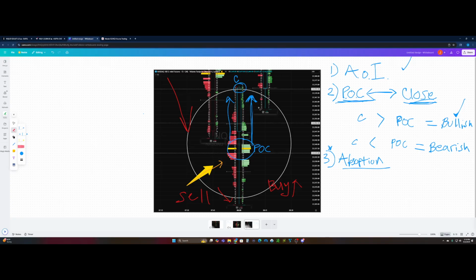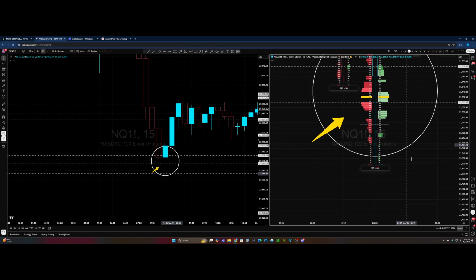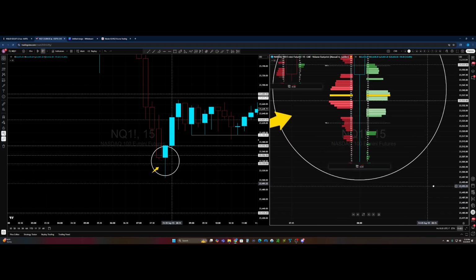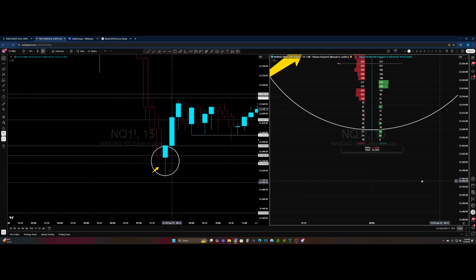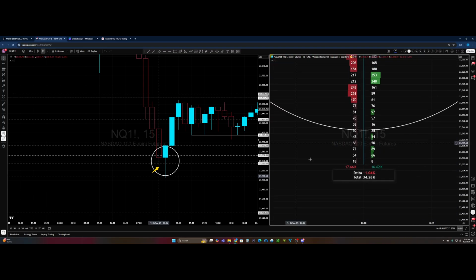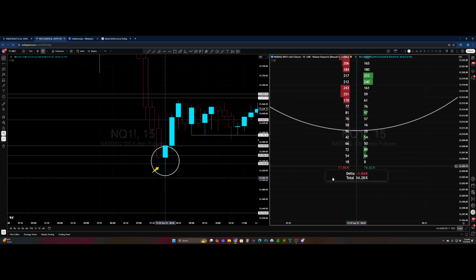As of right now, we know what happened. It's easy to say, oh, the sellers got absorbed. Easy to say, right? Hindsight is always 20/20. But in this scenario, we can look down here at the bottom. I'm going to zoom in right here. This is the bottom of the candle, same candle.